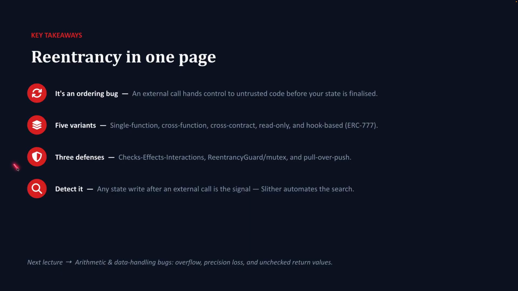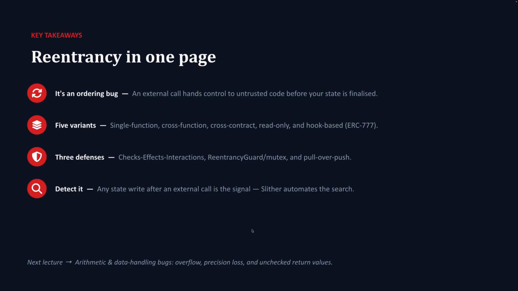Then we discussed 3 defenses: CEI pattern, reentrancy guard or mutex, and pull over push. At last, we looked into how to detect reentrancy: check for any state update after an external call, that is the signal. However, Slither automates that search. Slither is a static code analysis tool which we are going to use in our next unit.